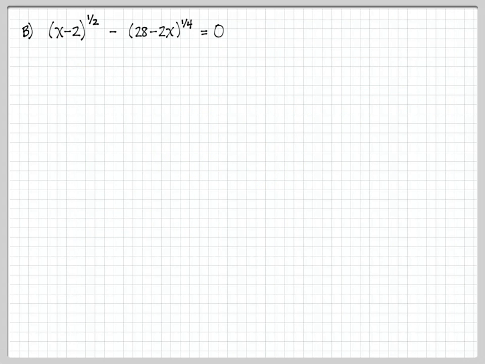The second example had two terms with rational exponents. Well, we still need to isolate so that we have one term on one side. So we're just going to add the 28 minus 2x raised to the 1/4 power to both sides. And we end up with this expression that has rational exponents on both sides.